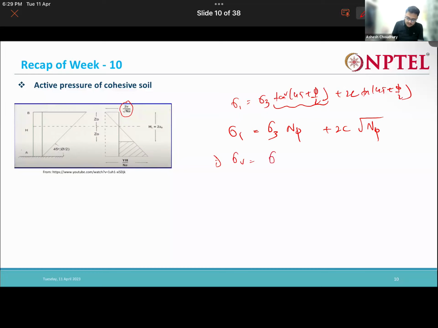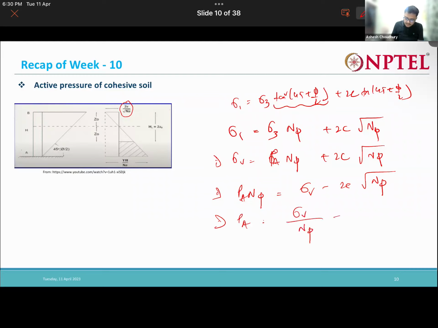This is my sigma 3, this one, PA. So I can write PA is sigma V by N phi minus 2C root over N phi. You can write this down.